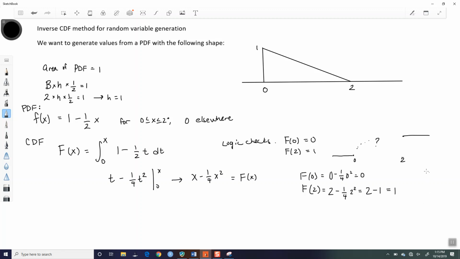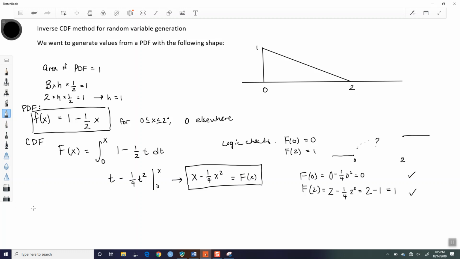So it looks like our F of x is okay. I was walking around, and I think quite a few of you got this, not everyone, but almost everyone got this part. And I saw a lot of people get the CDF.